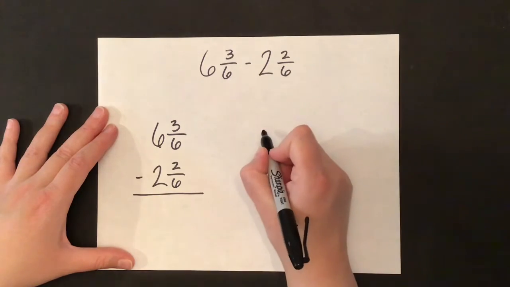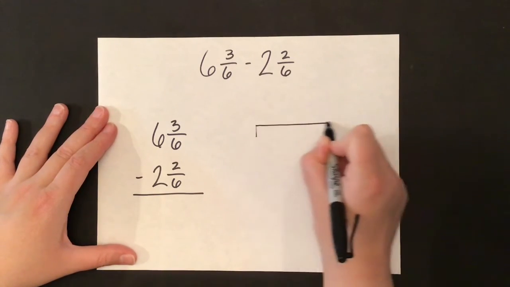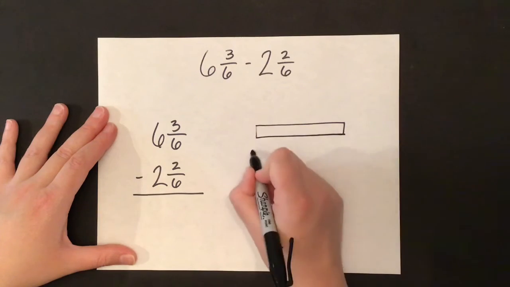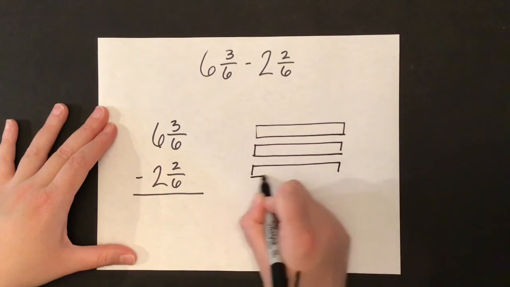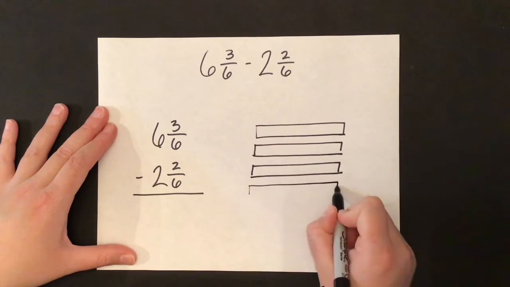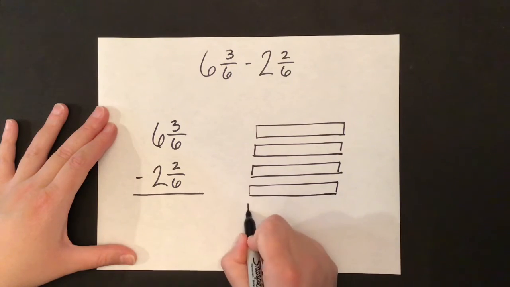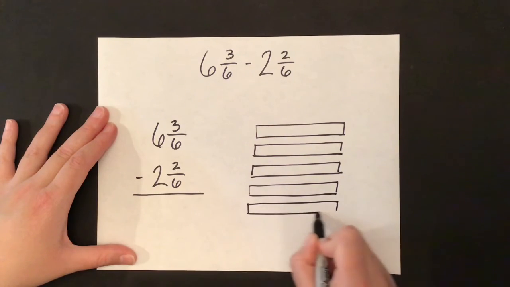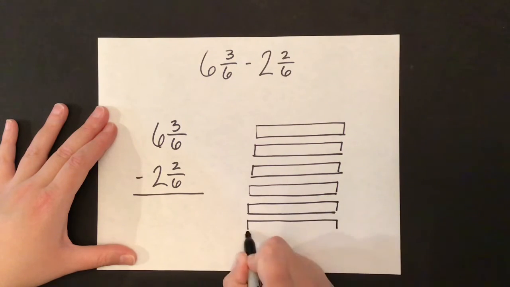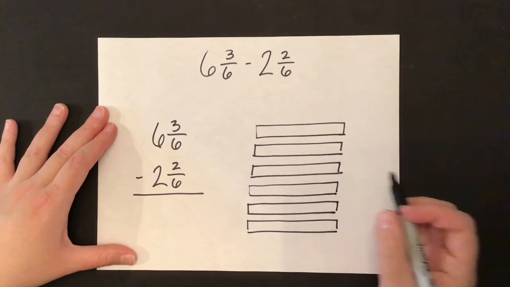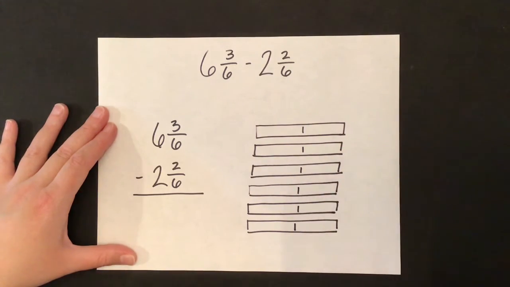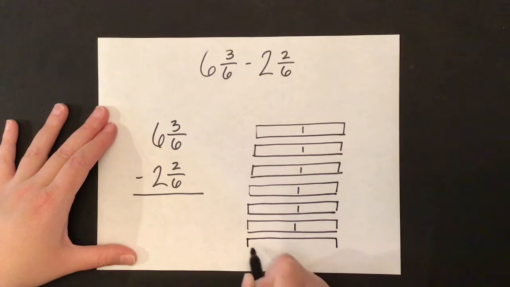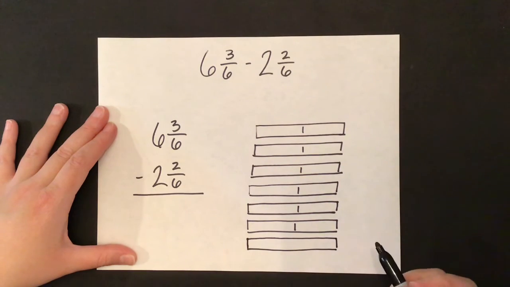So you can go ahead and just draw 6 rectangles. It's okay to leave those as wholes. So there's our 6 wholes, and then we'll draw our last whole to show the 3/6.